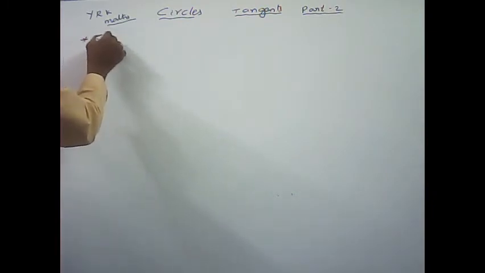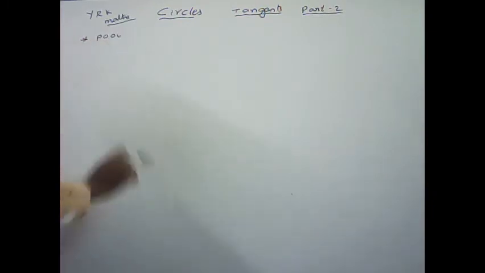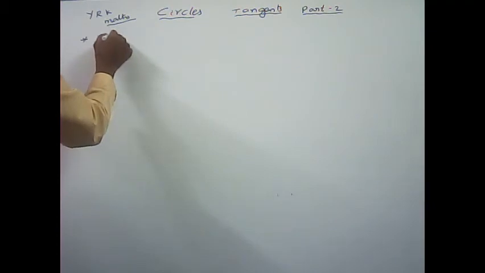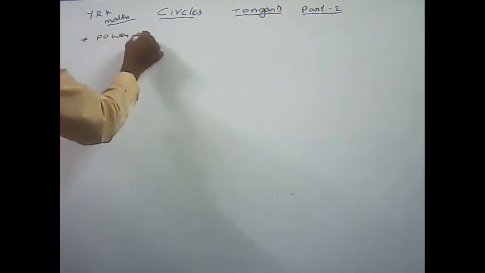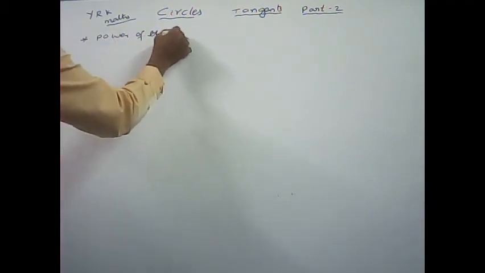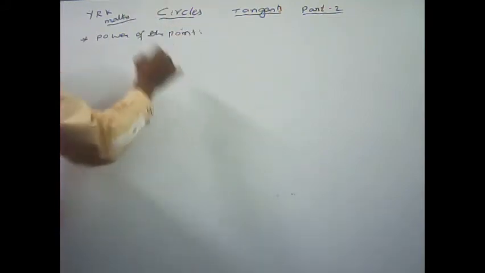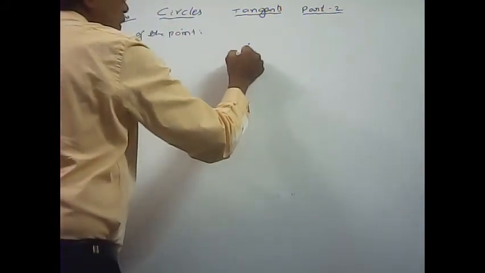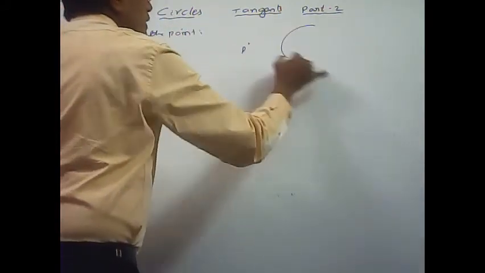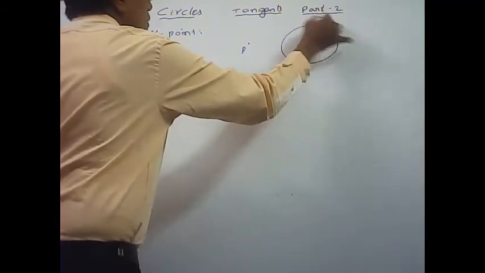Next, power of the point. Here P is the point and S equals to 0 is the equation of the circle.